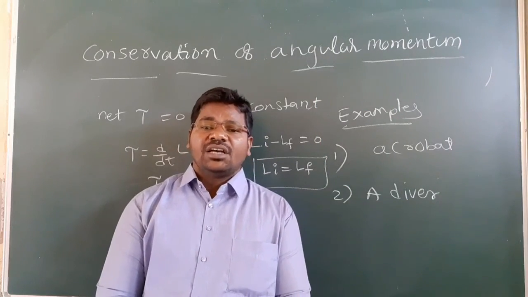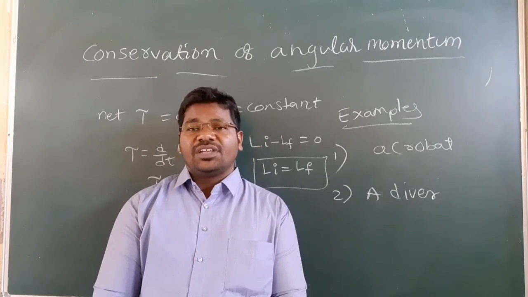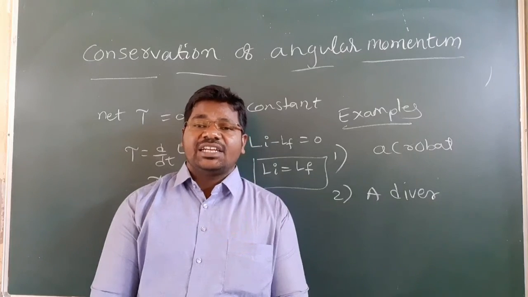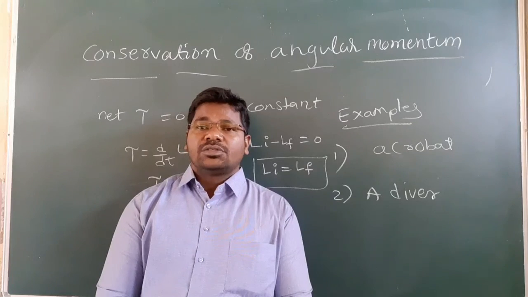So in this case, angular velocity increases and radius decreases. The moment of inertia also decreases. Understand? See, my children, this is the example. So you know very well, while observing.